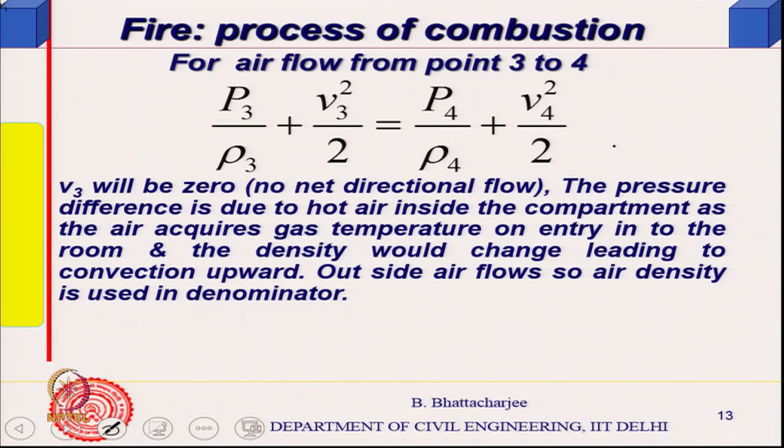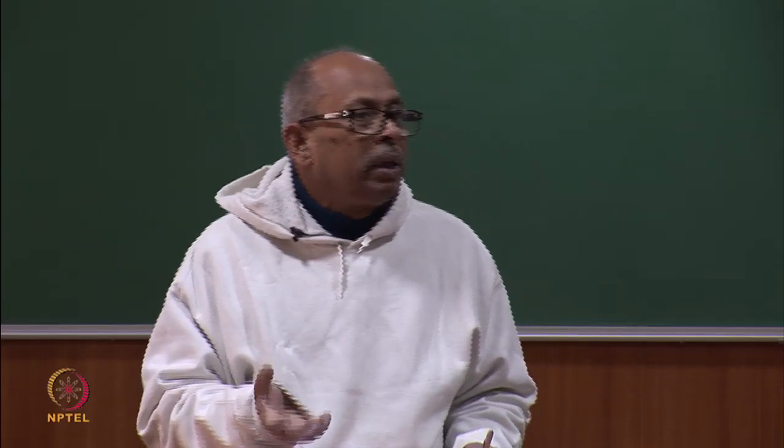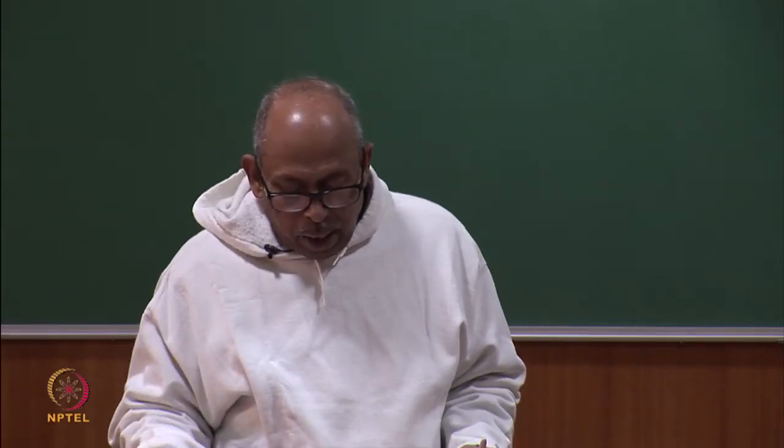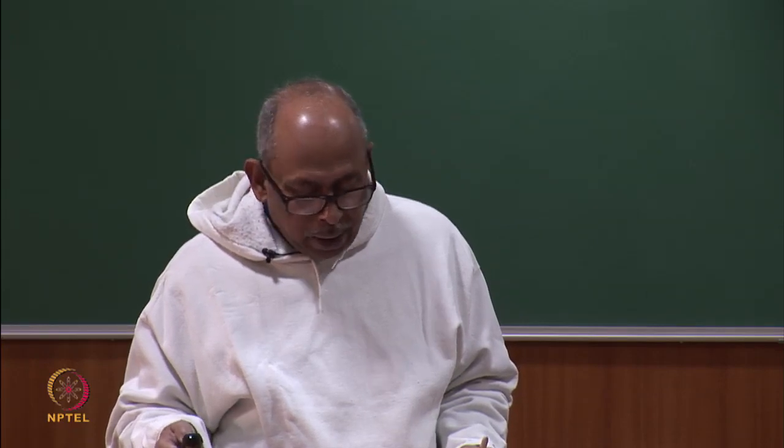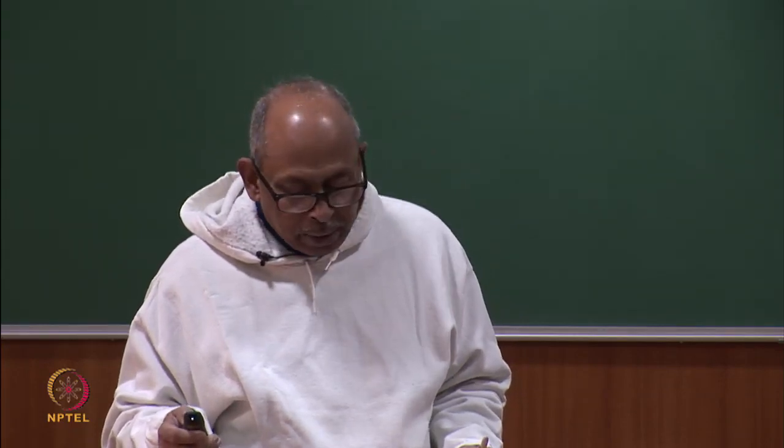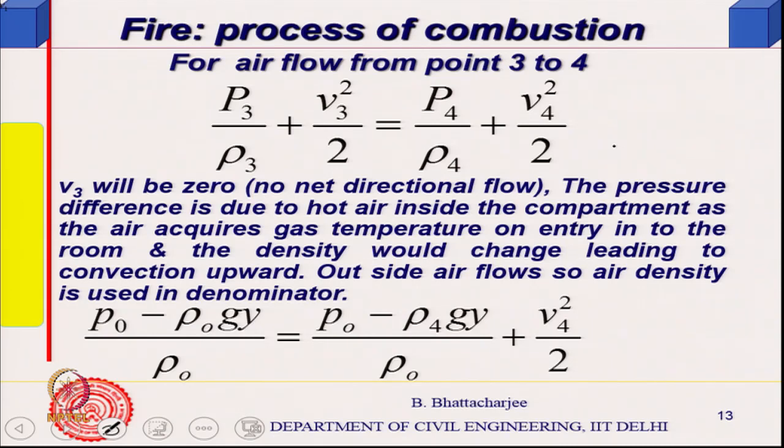Once it enters, it will get compressed, the fresh air will get compressed, and then of course the combustion process will continue and change to the hot gas which will move. So, outside air flows, so air density is taken in the denominator in both the cases here. This is like the previous one. So, at a distance y from the neutral plane, this will be the formula.